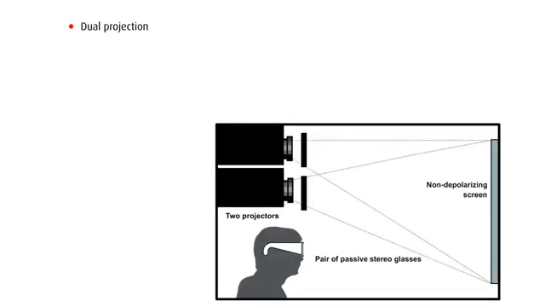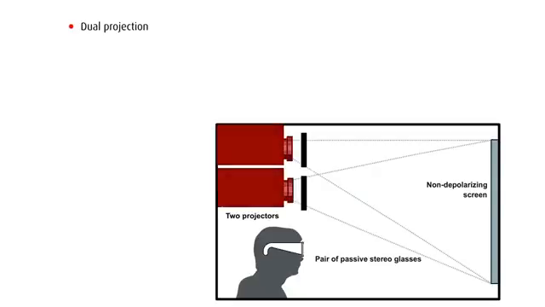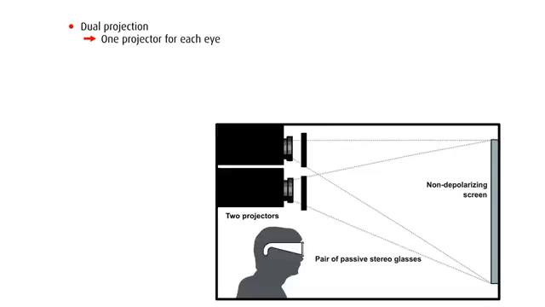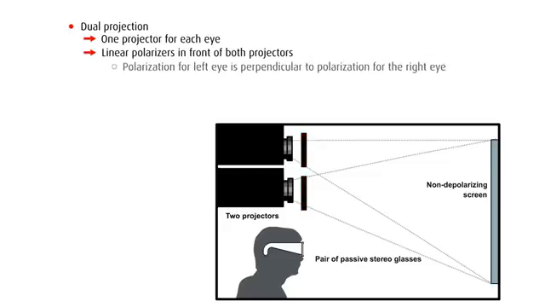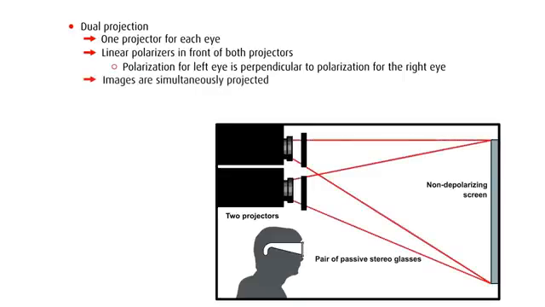With dual projection, it's possible to omit the active polarizer. The images from each projector are destined for either the left or the right eye. In front of each projector lens, there's a linear or circular polarizer and, as in the previous setup, the polarization for the left eye is perpendicular to the one for the right eye. The images are simultaneously projected on the screen so they overlap, resulting in a blurry image.